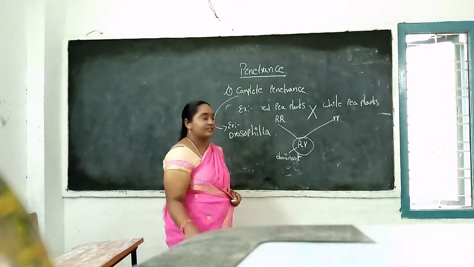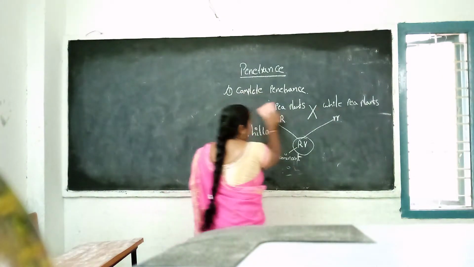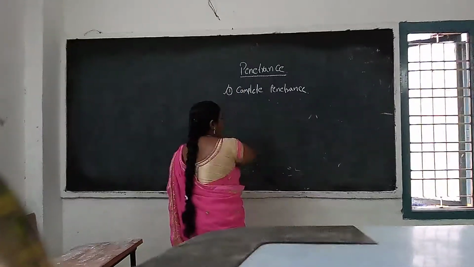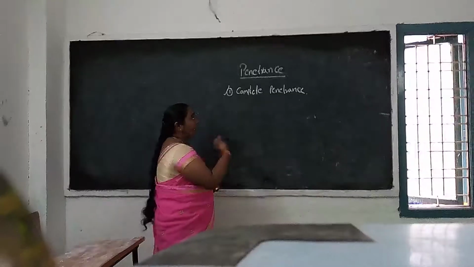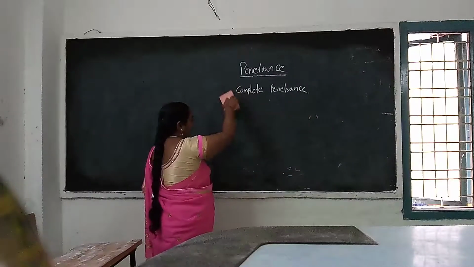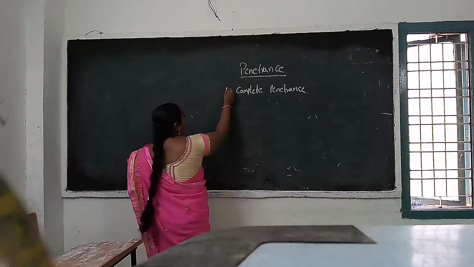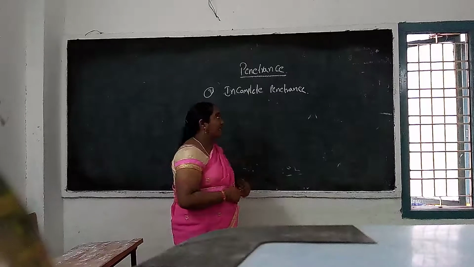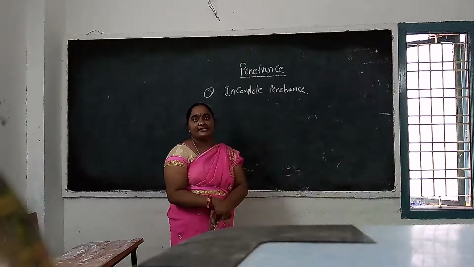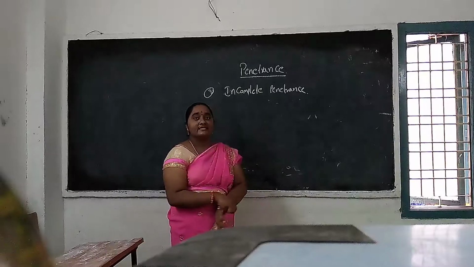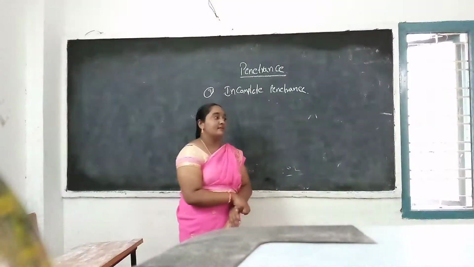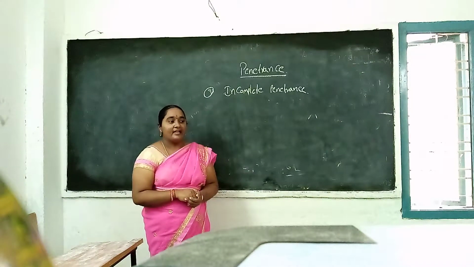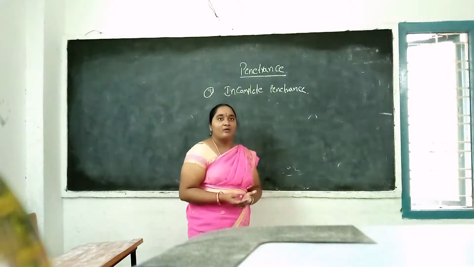Next comes type 2, incomplete penetrance. What is incomplete penetrance? It is important that the genes act in both conditions, homozygote condition and heterozygote condition. It does not depend on one direction.